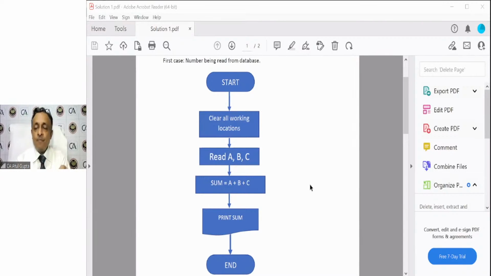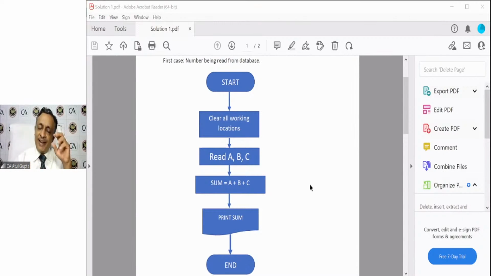Whenever you see read as a command, it means there are stored values in some database from where they are being picked. This is what you call read. We'll see the other flowchart also.